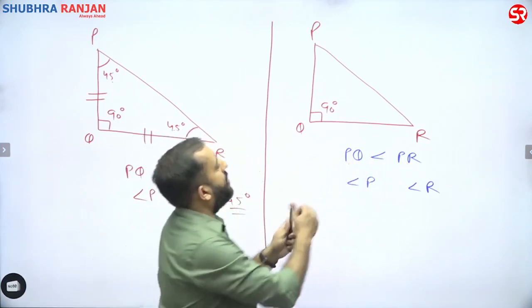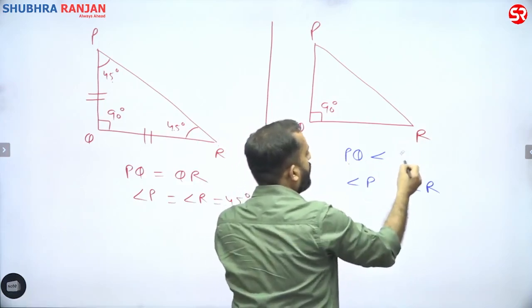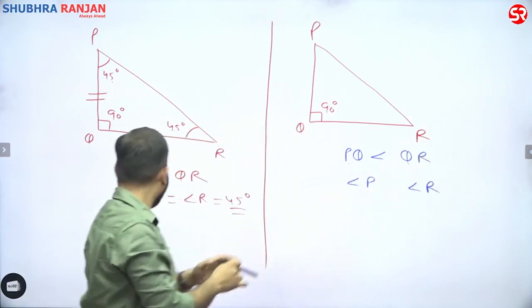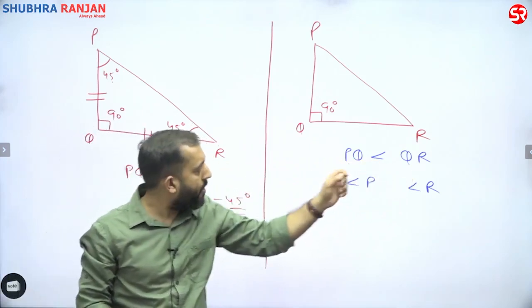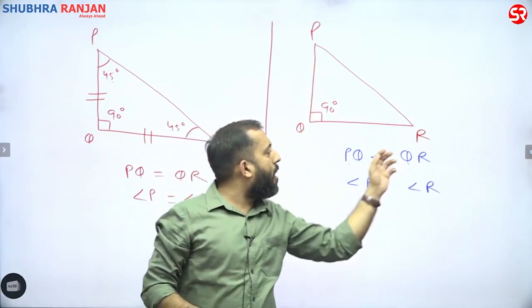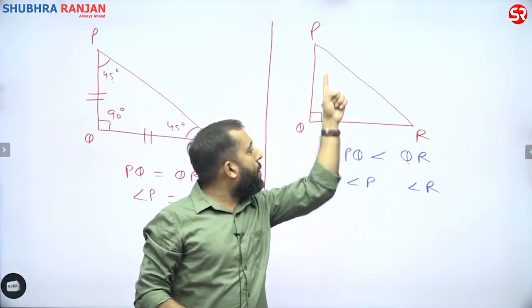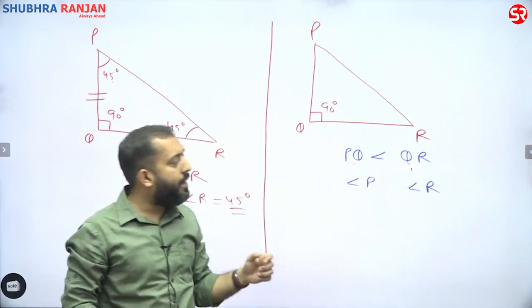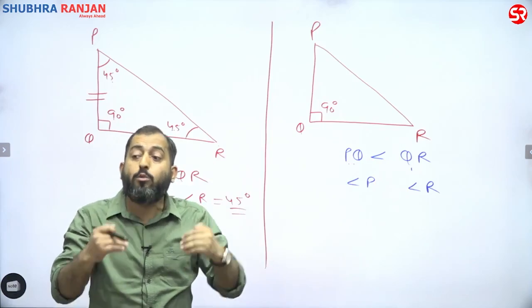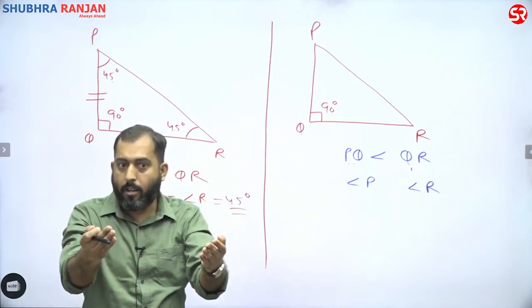Oh, sorry. I'm really sorry. It should be QR here. It should be PQ and QR here. Kindly correct this. Now, PQ and QR. So I know PQ is less than QR. Then definitely, the angles opposite to these sides. Right?